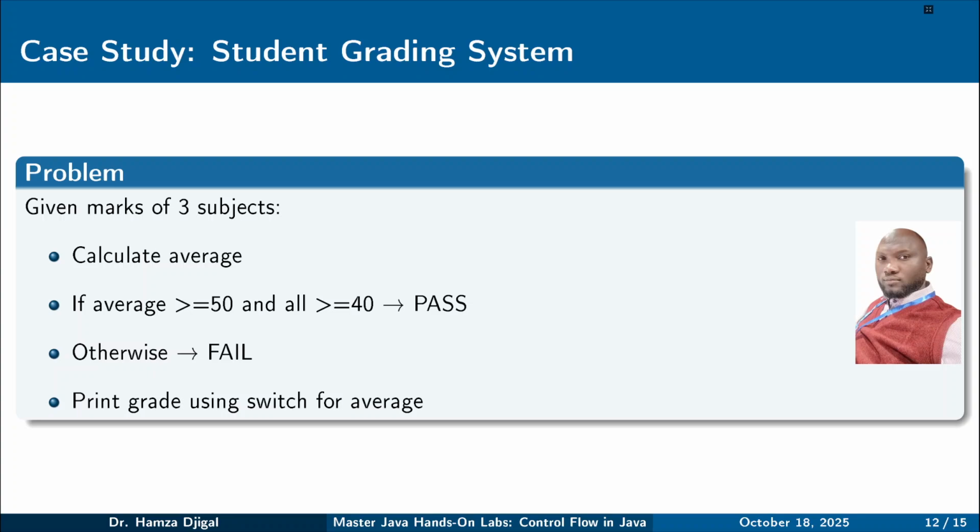Then we try to print the grade using switch for the average. You remember in the previous video we had similar practical examples. Now maybe the new thing is how you can use the control flow statement to print this.